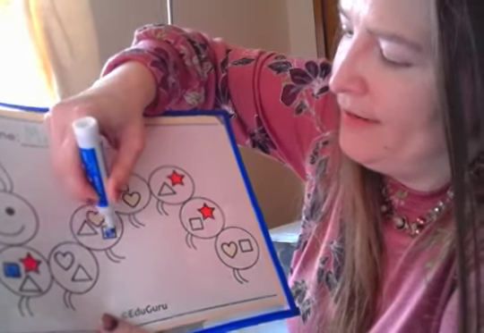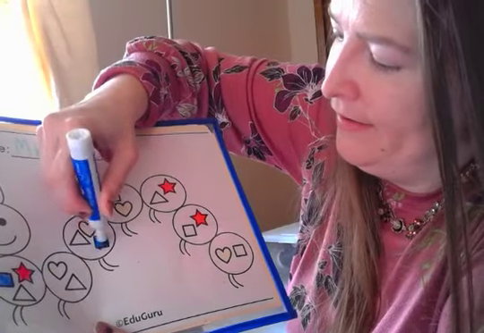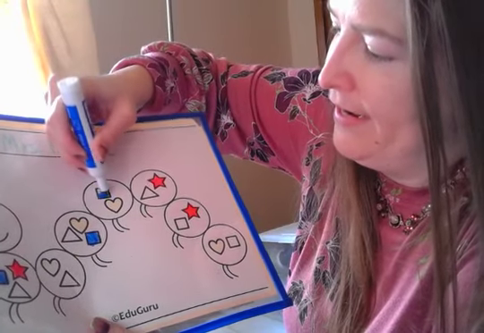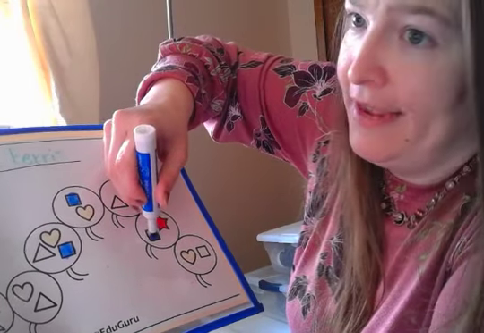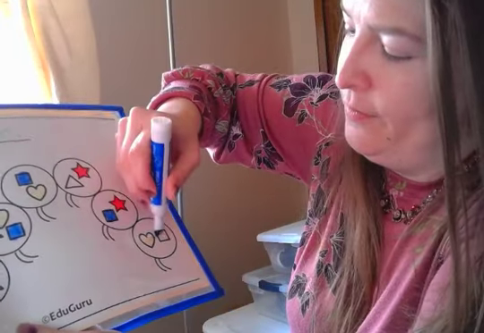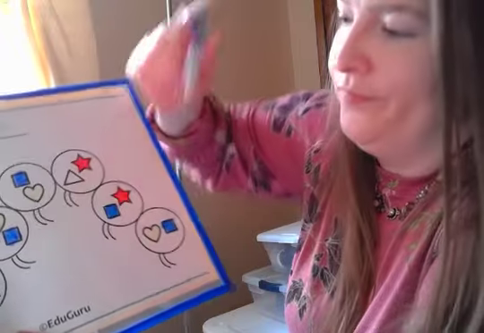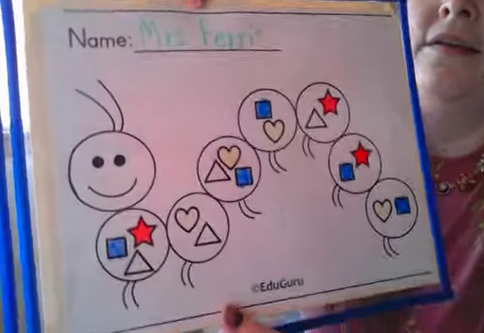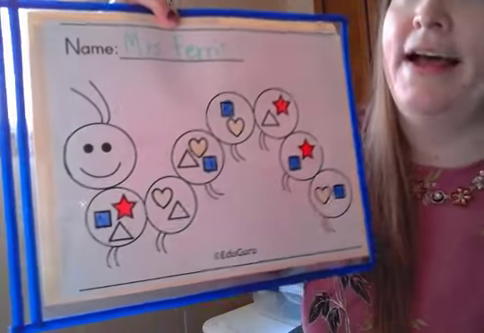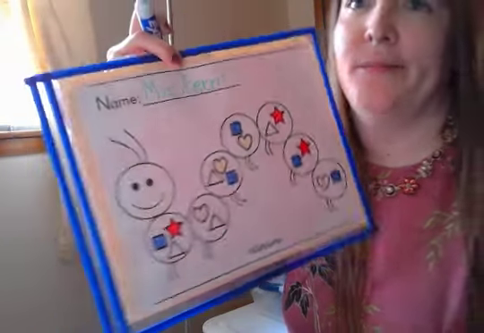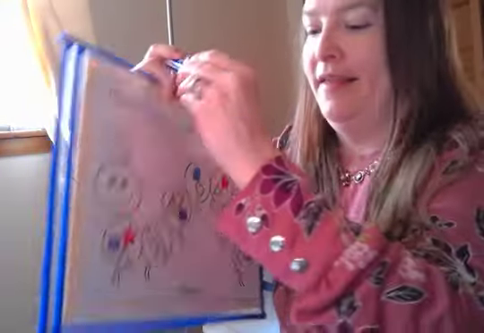Here's a square in the middle of the caterpillar. Here's another square right here. And here's a square near the end of the caterpillar. Oh, and one down here by the heart too. Okay, so the caterpillar has 1, 2, 3, 4, 5 squares, and they are all blue.